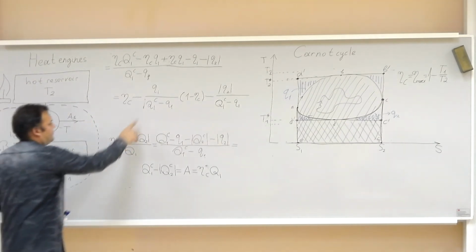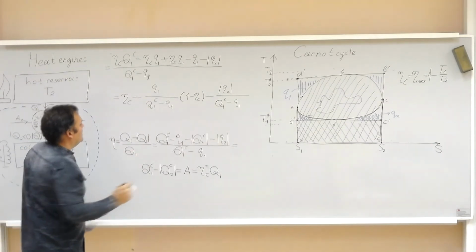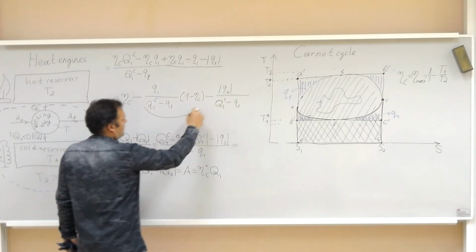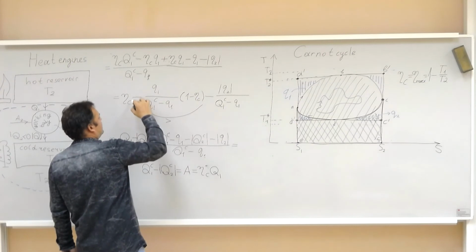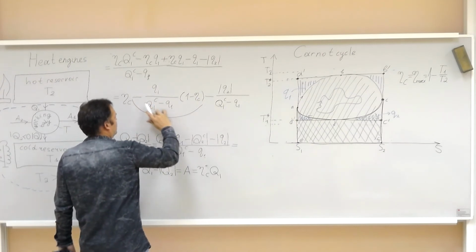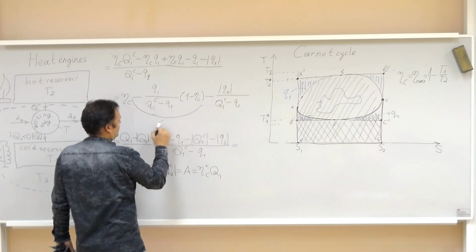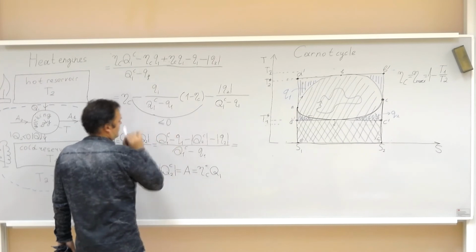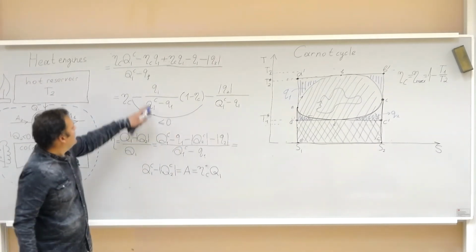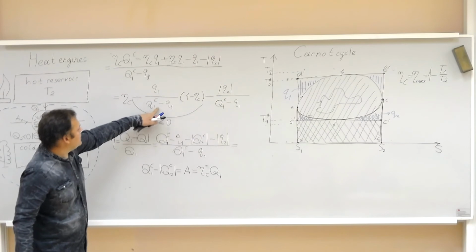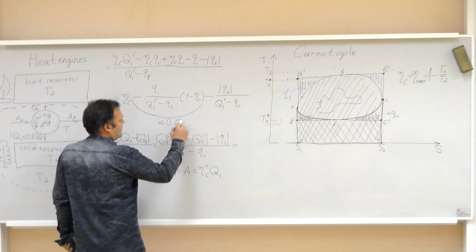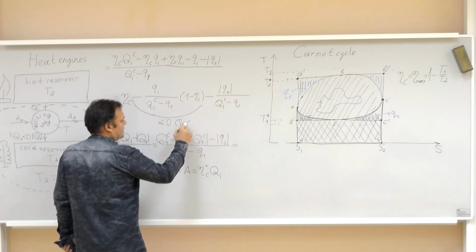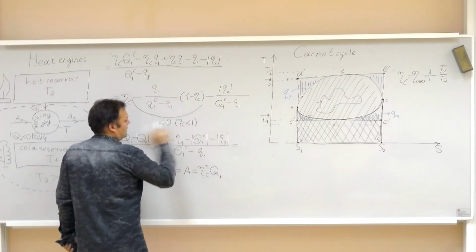What do we see? This term is negative, because this is a positive quantity, this is a positive quantity, this is a positive quantity. Eta Carnot is less than 1.